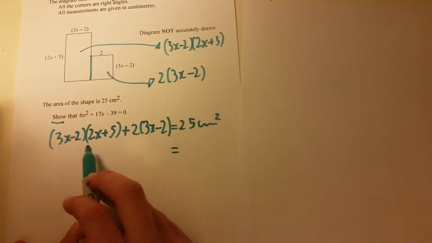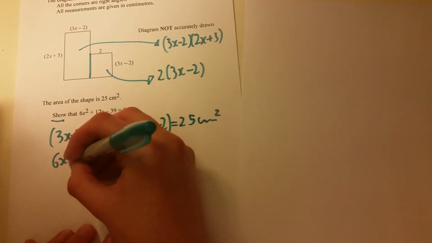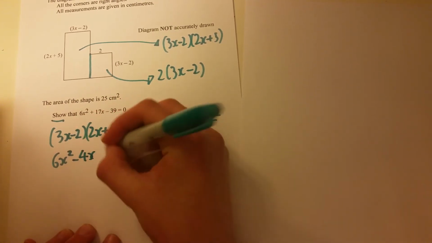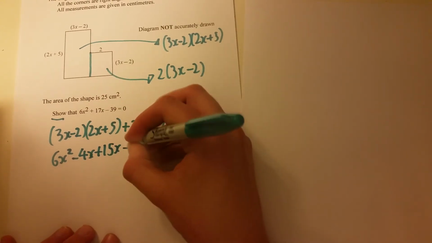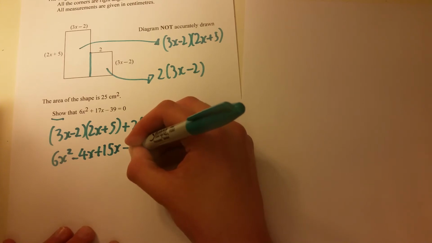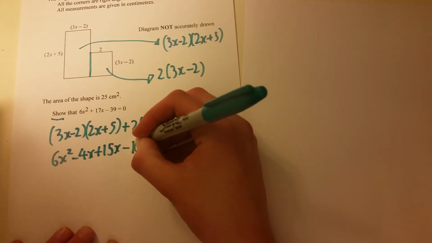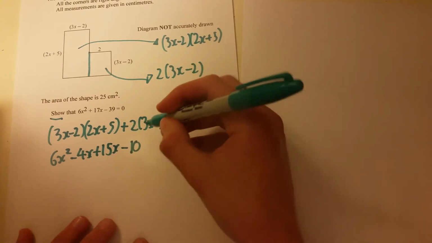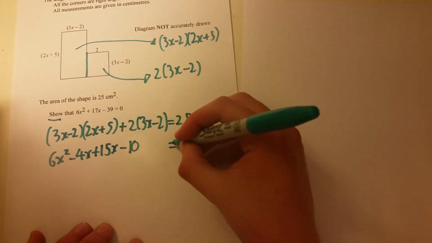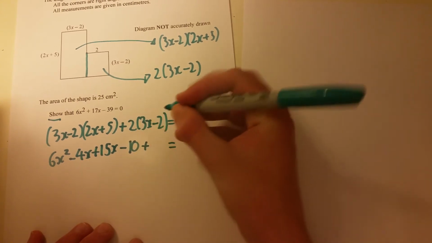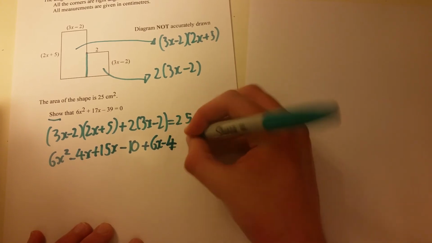So 3x minus 2 multiplied by 2x plus 5 is 6x squared minus 4x plus 15x minus 10. This section here expanded will be equal, oh, I'm running out of space, to 6x minus 4.